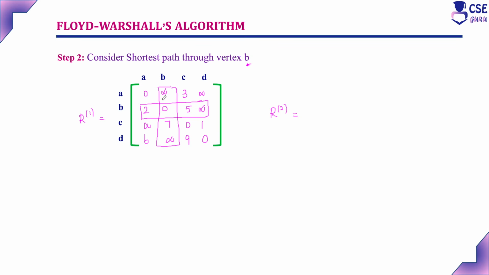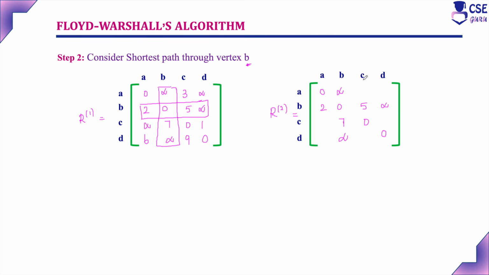Keep the values of the B row and B column as they are, and also the diagonal values, that is A to A, B to B, C to C and D to D, since we won't find the shortest path for a vertex to itself. For the remaining positions we need to find the shortest path.